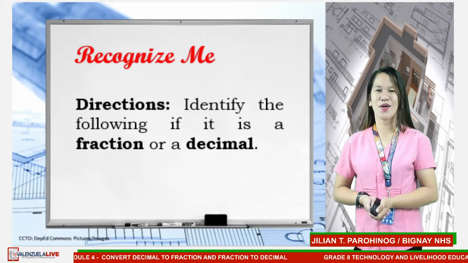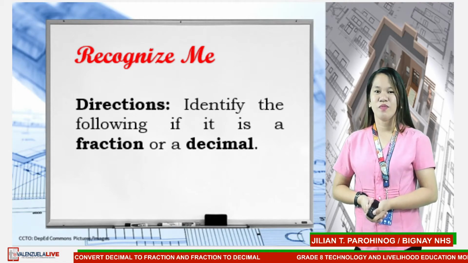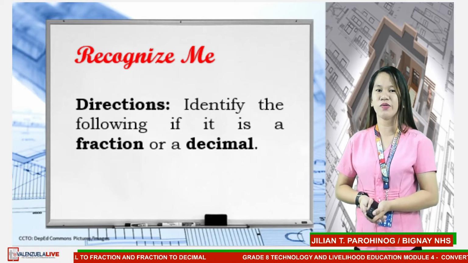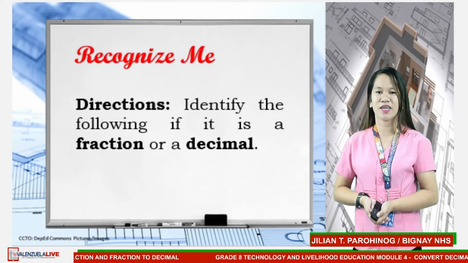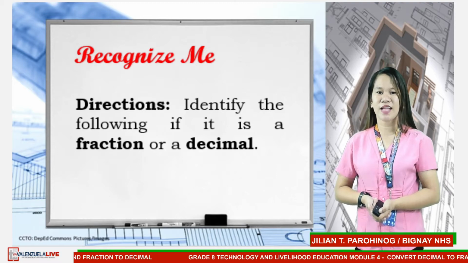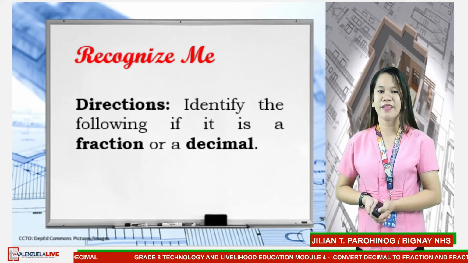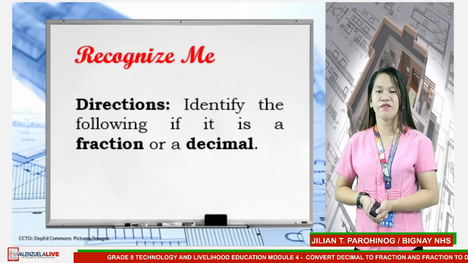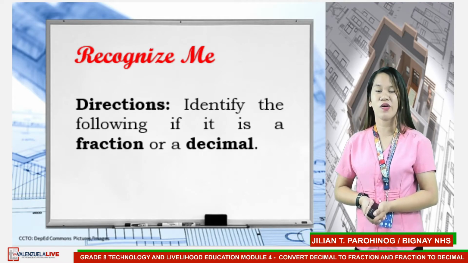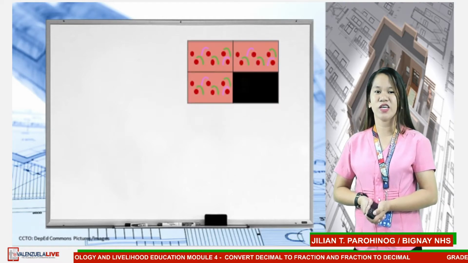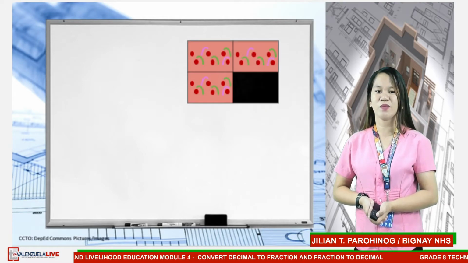Great! So do I. Before anything else, let me assess first how much you already know about our lesson. This activity is titled Recognize Me. With directions, identify the following if it is a fraction or a decimal. You have 5 seconds to answer each number by commenting it below.